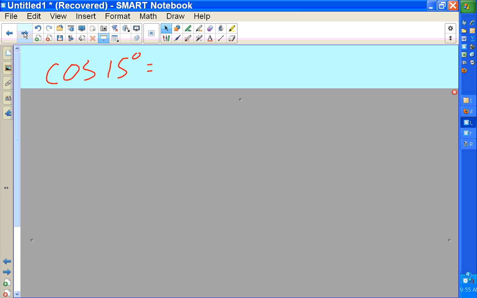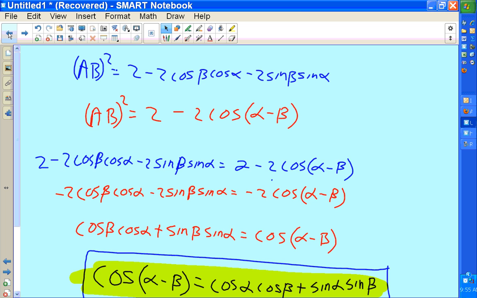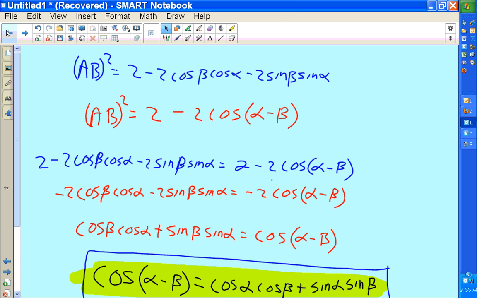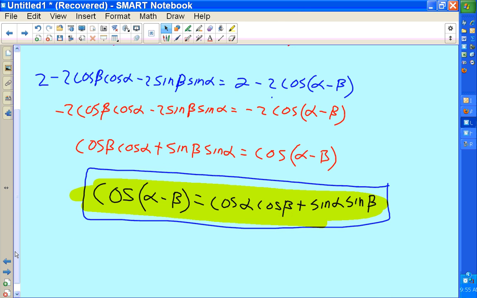All right. So if you have the cosine of 15 degrees, how can we utilize it? It doesn't matter. It's a formula I just came up with. It was the cosine of a difference. So right now, no, that's not an answer. It's a formula. This is the cosine of the difference of two angles.